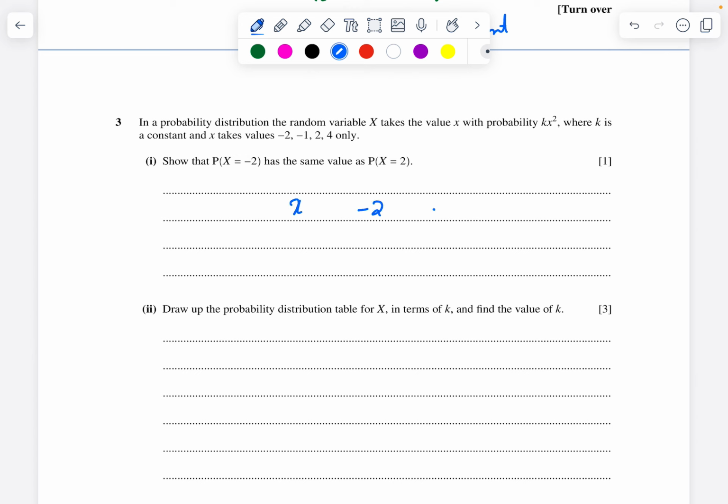X is -2, -1, 2, and 4. So probability of capital X equals small x. So this is k times (-2) whole square, k times (-1) whole square, k times 2 square, and k times 4 square.